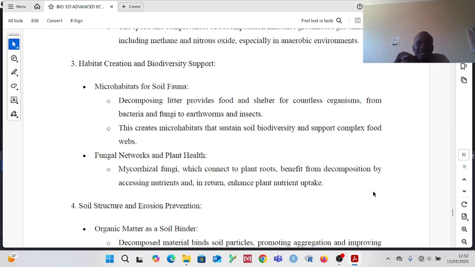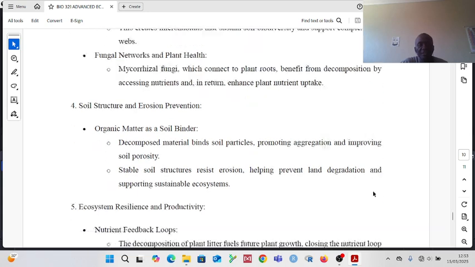These microhabitats will help to sustain soil biodiversity. And by doing that, it will now end up supporting a very complex food web within the ecosystem. Okay? Then it would also help to impact on the soil structure and prevent soil erosion. Okay.